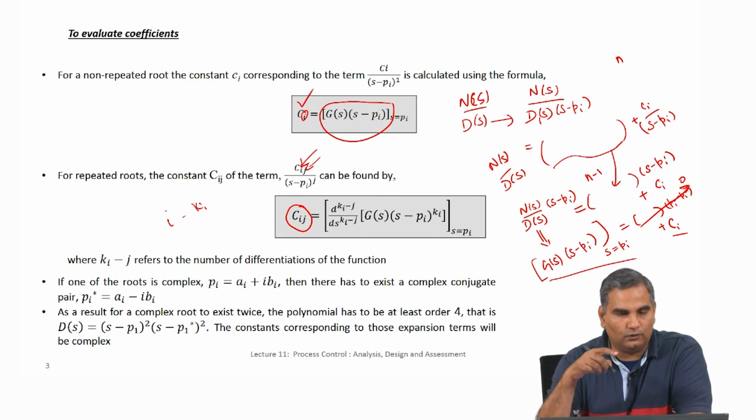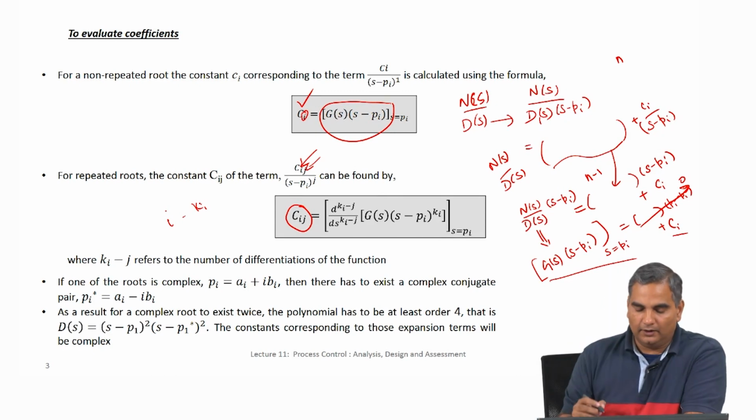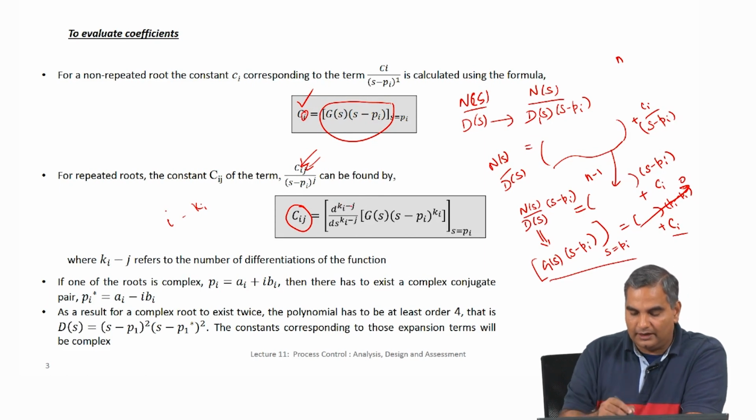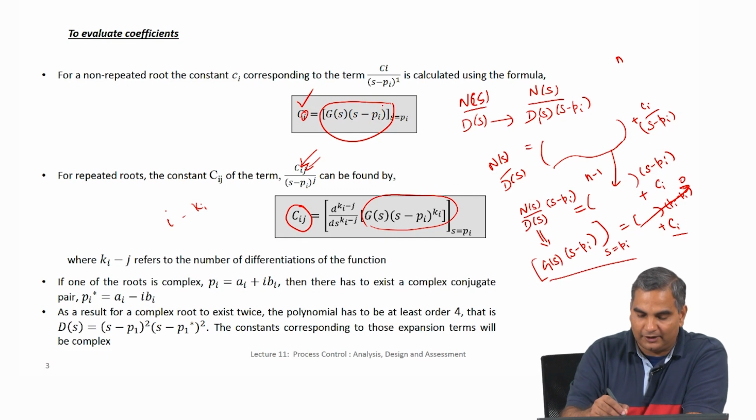So, the ith root will be repeated ki times. So, you do this differentiation d to the power (ki minus j), where j is whichever coefficient you want, divided by ds to the power (ki minus j), and inside you have g(s) times (s minus pi) power ki. Earlier we multiplied only by (s minus pi) because it was a non repeated root.